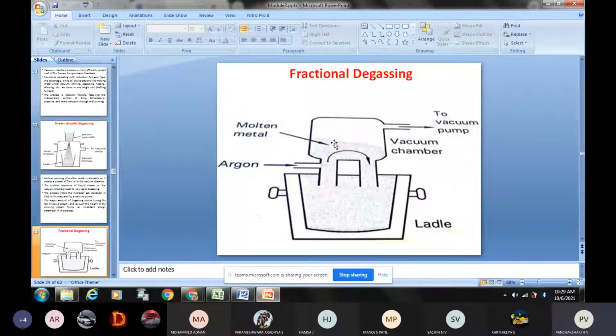Now you can give the explanation by looking at both the diagram and the title. Can anybody come forward and explain this? Any one of you, I will not call by name. You can try to explain. It is very simple.